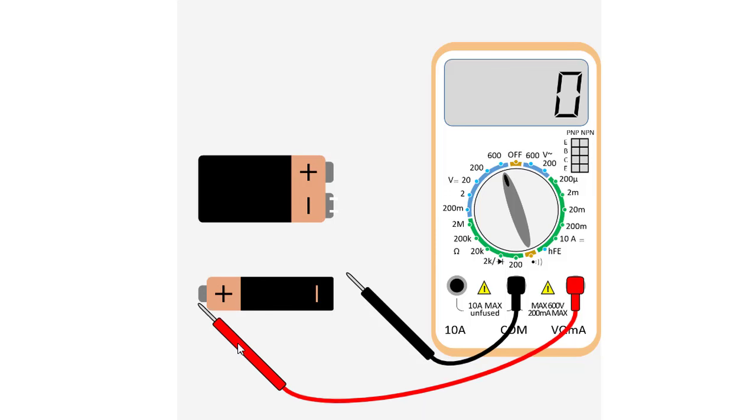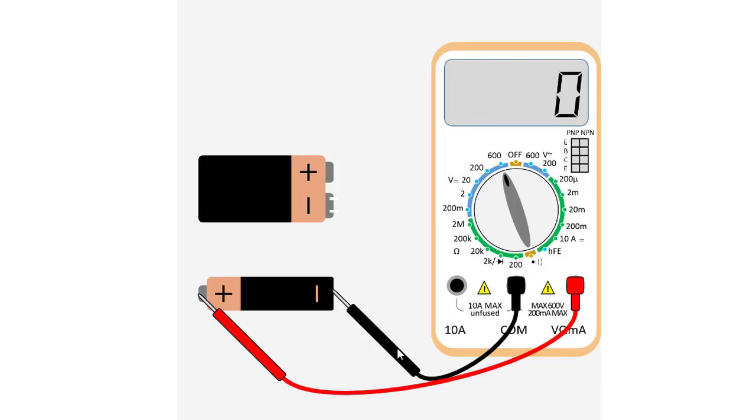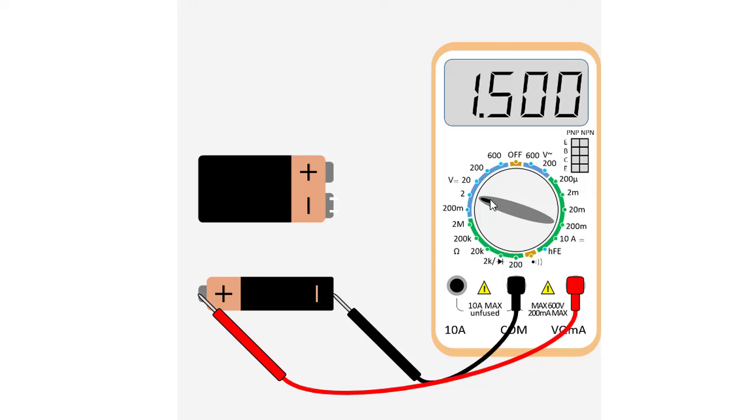So this is the positive probe and this is negative. So 1 volt, then 1.5, 1.50. So this is the correct range for measurement of this voltage. Or we can go up to this 2 volt, because this 2 volt can measure the voltage up to 2 volt. So it is 1.500.